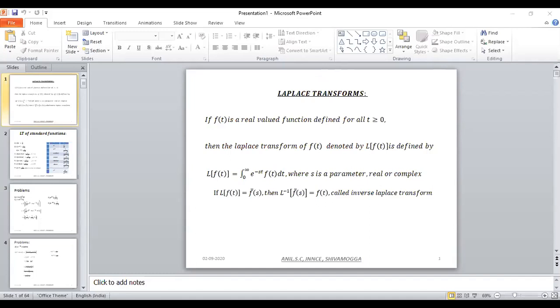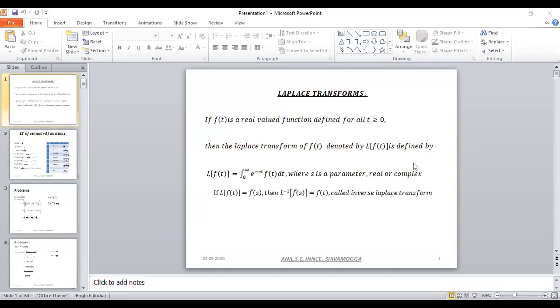Is my screen visible? At least type in the chat box. Okay. Only 17 students have joined so far. Anyway, we'll start.